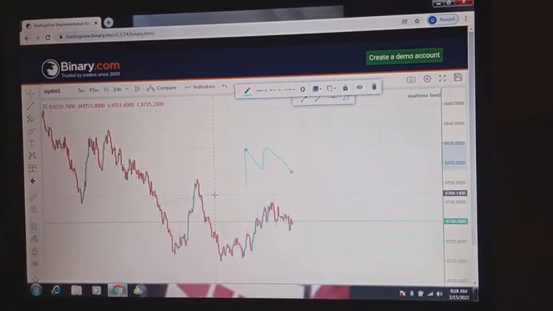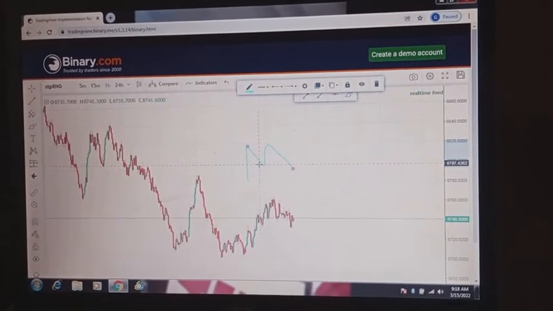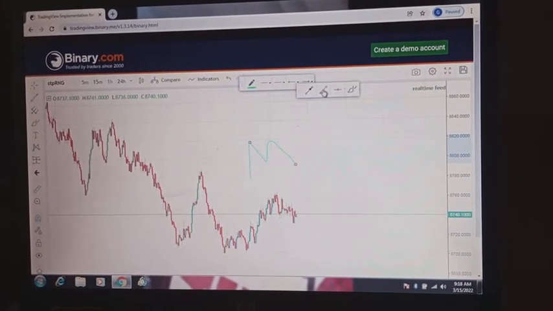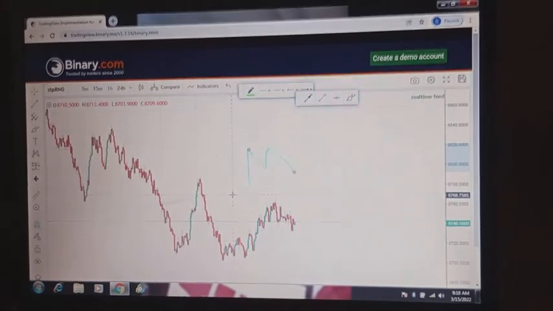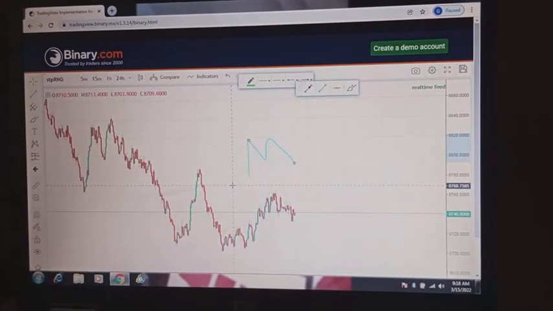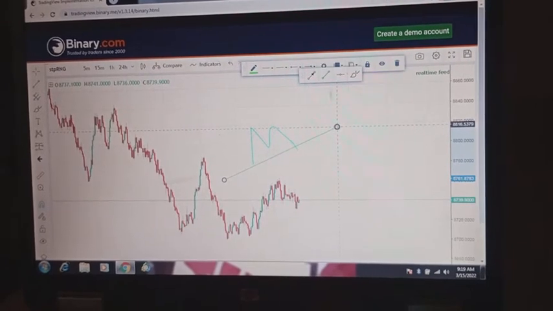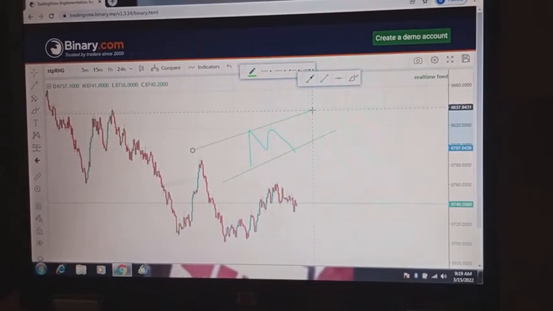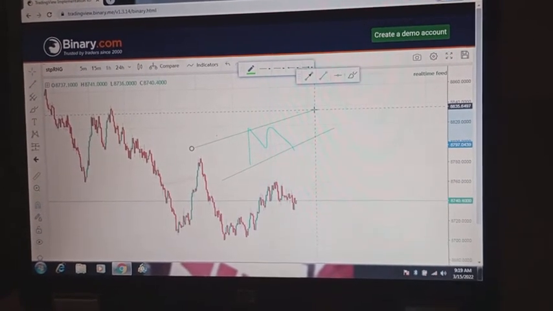Once you see something like this, they always say it's a double top. But to execute it, you may not know what will happen there, or how to mark your analysis. I'm going to give you a simple insight into it.